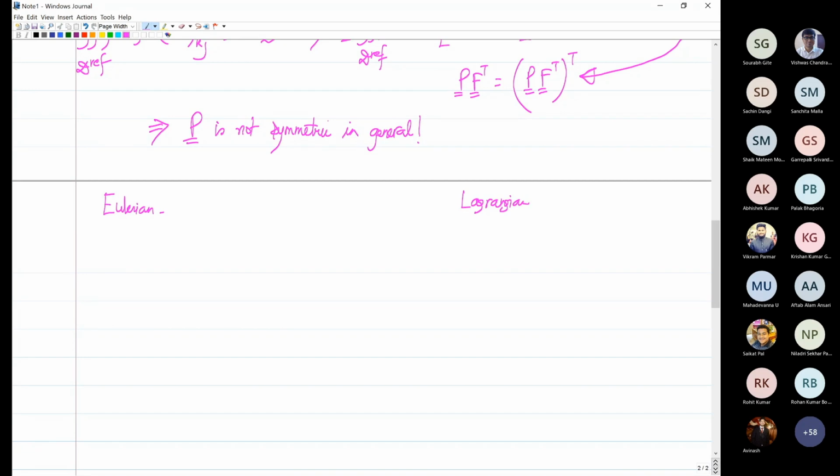In Eulerian form, the first one was mass continuity, which tells me that del rho del t plus rho times divergence of velocity is equal to 0. Isn't it? And this is the mass continuity, obviously.